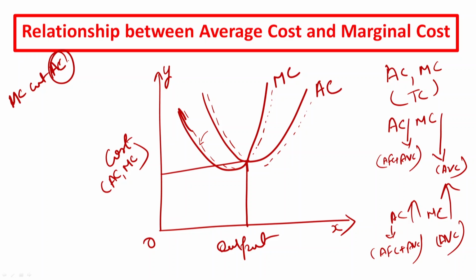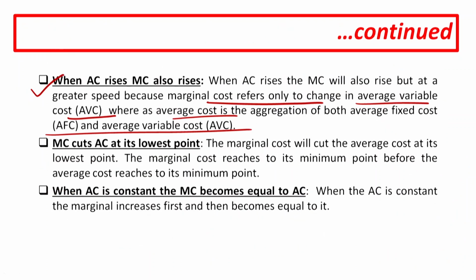That means when MC is cutting this AC here, at this point average cost is at its minimum point, where marginal cost is cutting and rising upward. This is this point, MC cuts AC at its lowest point.